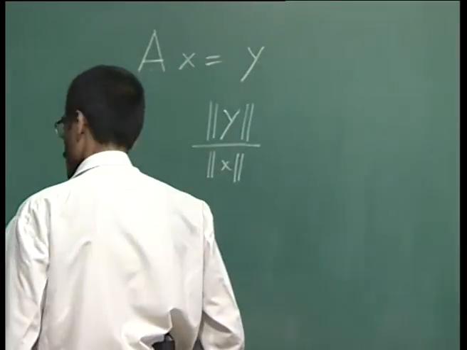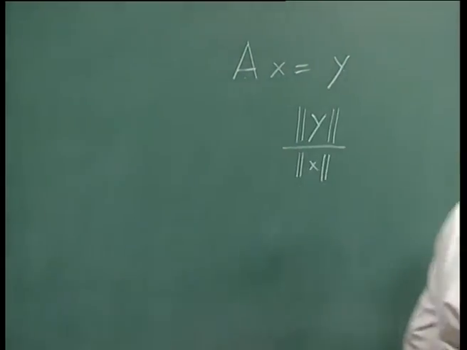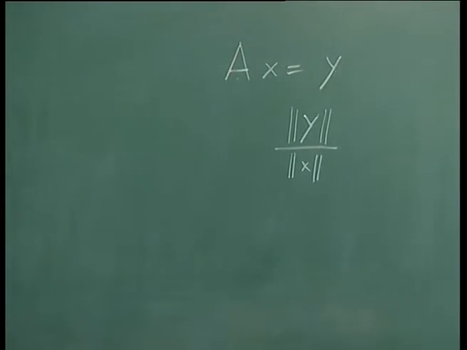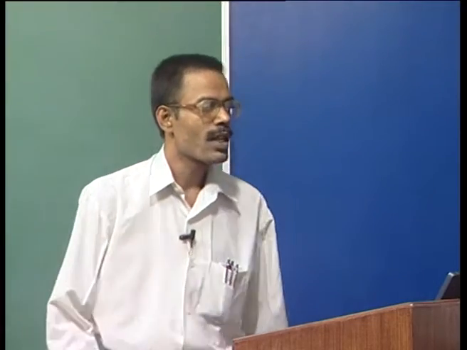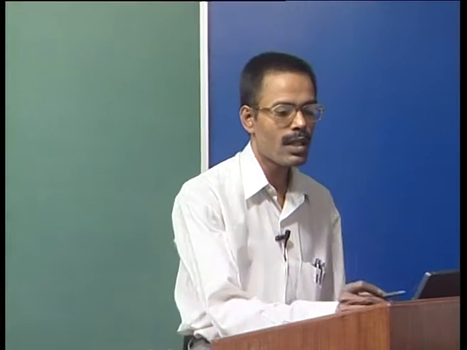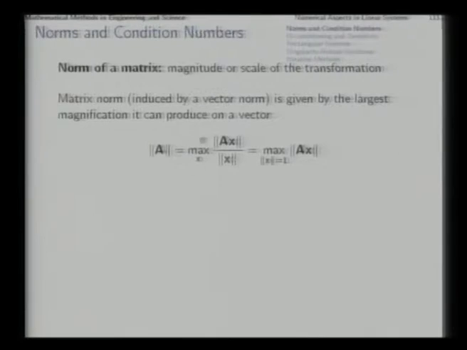That means we will define the norm of the matrix, or size of the matrix, as the maximum over all x of the magnification, size of Ax divided by size of x.